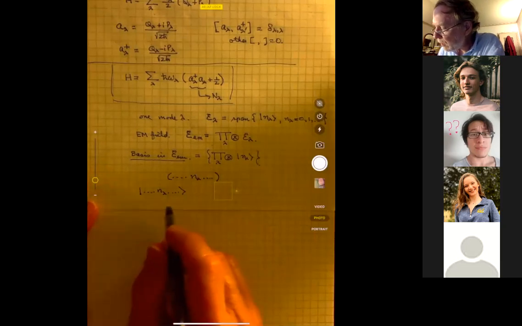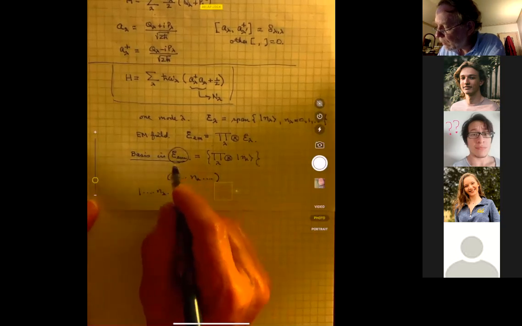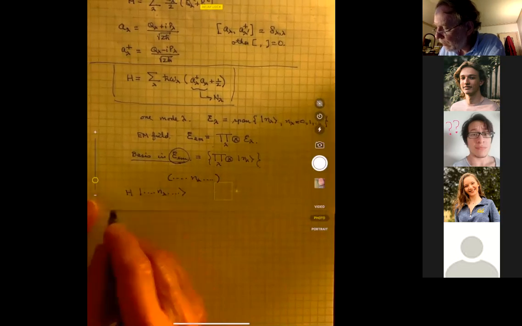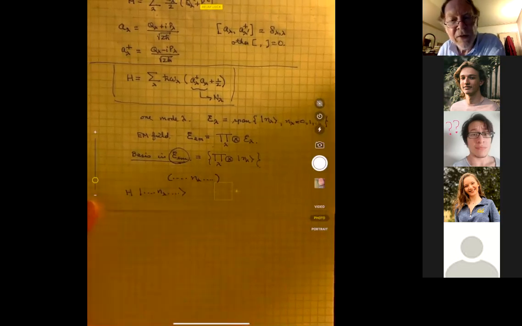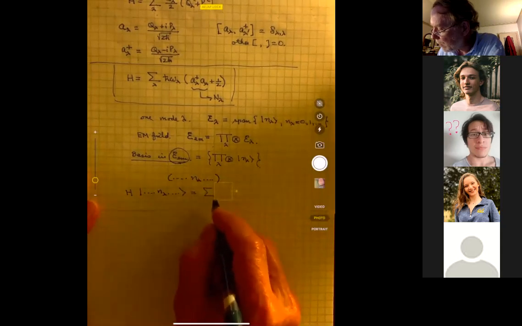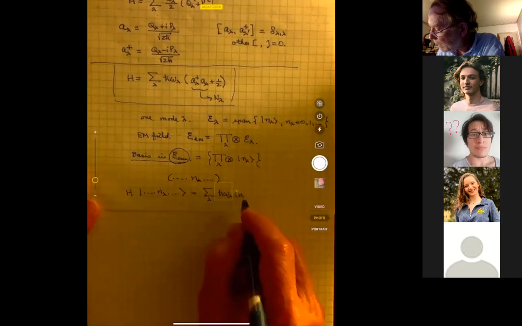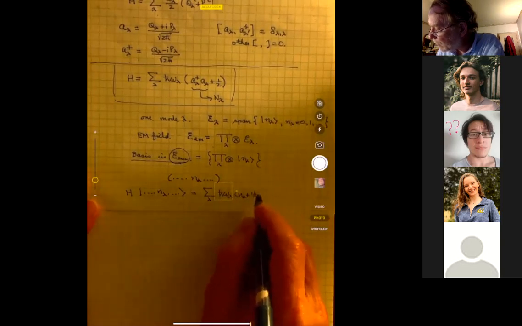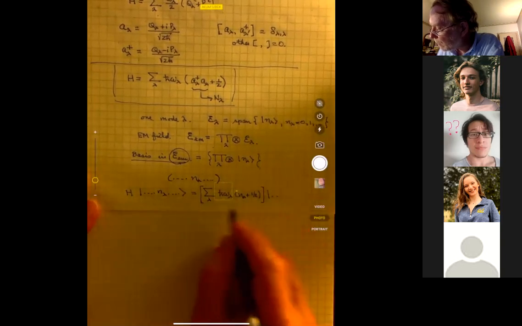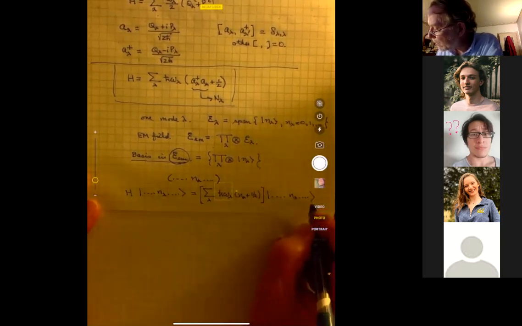Now this forms a basis in our electromagnetic field state space. For example, the Hamiltonian can be allowed to act on this basis, and in fact, it's an energy eigenbasis. The energy it brings out is the sum over the modes of h bar omega lambda times n lambda plus a half. That's the usual energy of a one-dimensional harmonic oscillator, but summed over all the modes, bringing back the basis vector again.